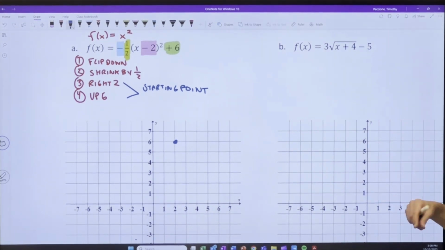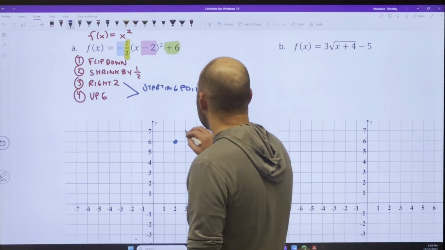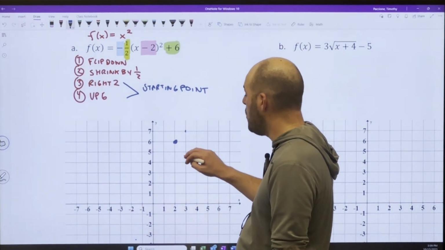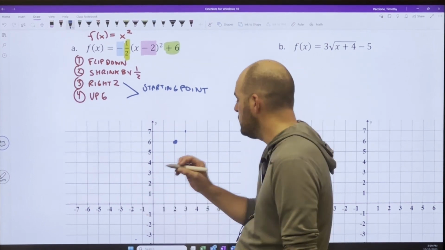Our next step was we got to consider, are we flipping or stretching? Or shrinking? Are any of those things happening? Yes. Yep, we're flipping down and we're shrinking by 1/2, okay? So normally I would go over 1, up 1. But this one's going to go down. And is it going to go down 1? 1/2. It's going to go down 1 times 1/2, which is 1/2, which is about this.